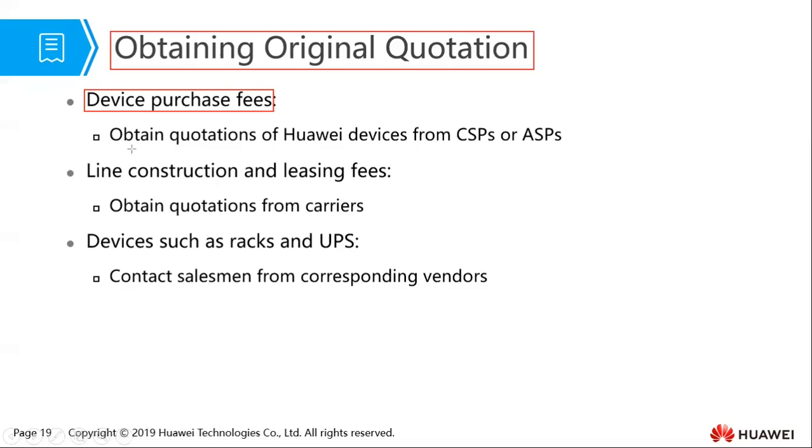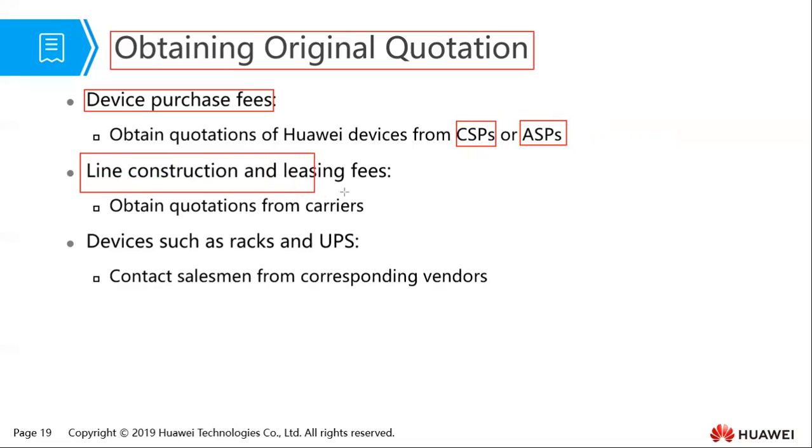For example, for Huawei equipment, you can get quotations from what we call channel service providers or authorized service providers. There's actually a link which I think is shared in a later document, which can show you some of these service providers.